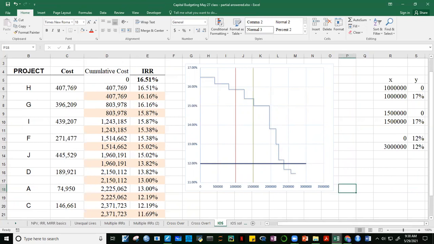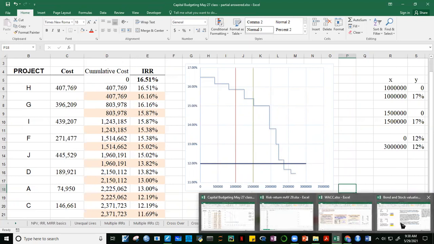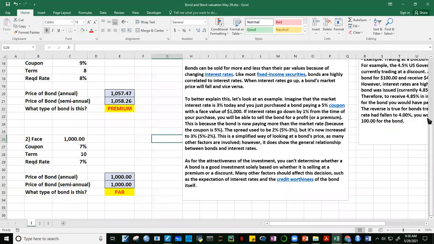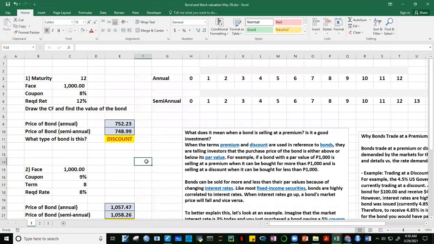So let's kindly open the Excel sheet on bond and stock valuation, May 29. In this lesson, we will be learning how to value an asset.